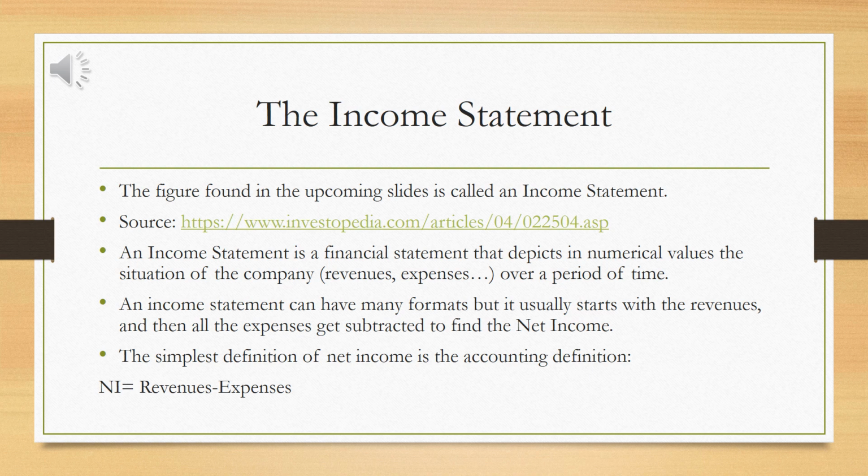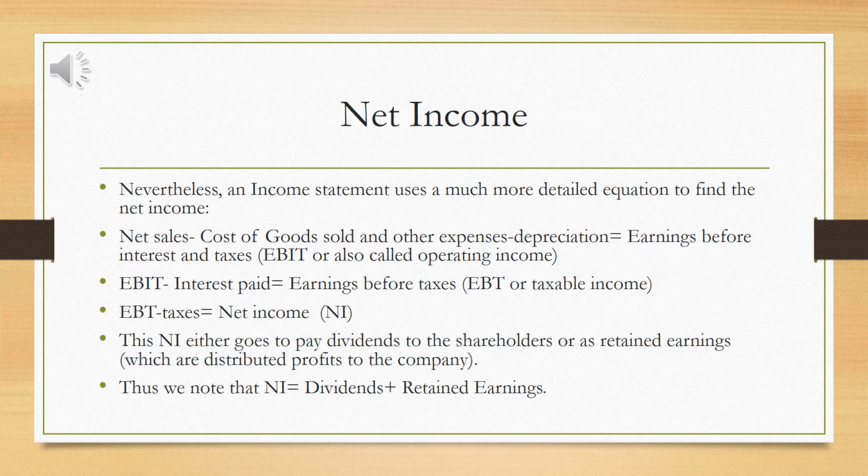The simplest definition of net income is the accounting definition. Net income equals revenues minus expenses. Nevertheless, an income statement uses a much more detailed equation to find the net income. A company's earnings before interest and taxes are deducted equal the net sales minus cost of goods sold and other expenses minus depreciation.